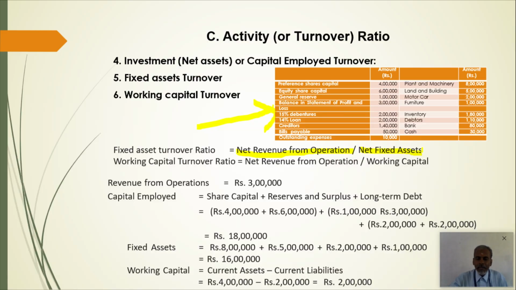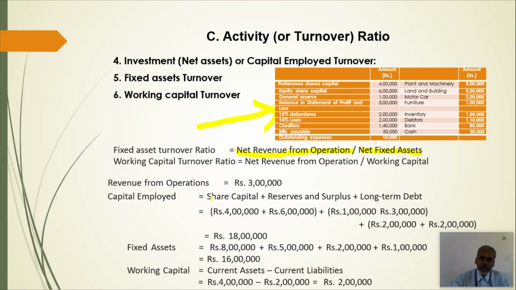For example, if your net asset is 1 lakh, your sales has to be at least 1 lakh, right? Minimum 1 lakh. The more the times of your net asset, the better is your fixed assets turnover ratio. This also varies from industry to industry, right? So we can calculate it.